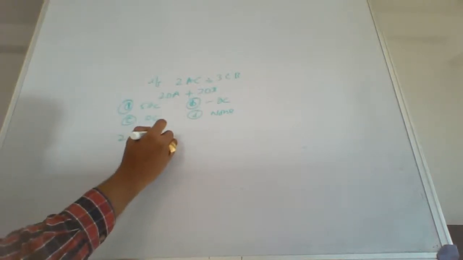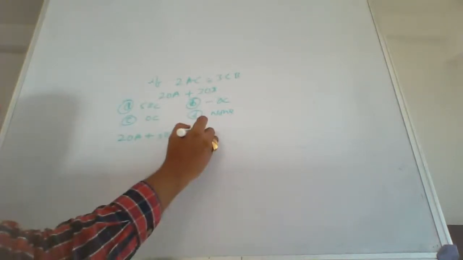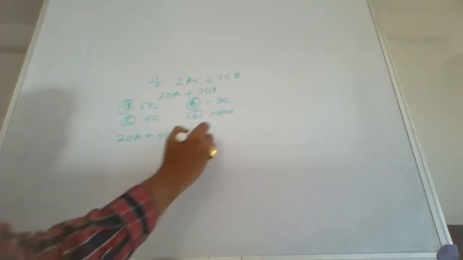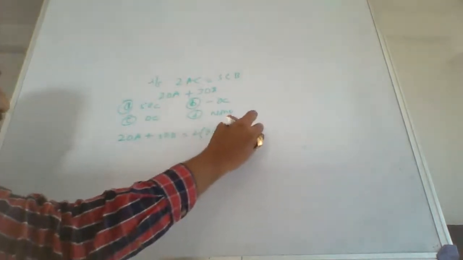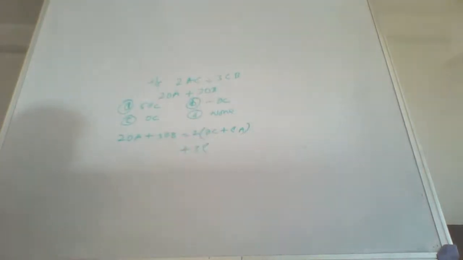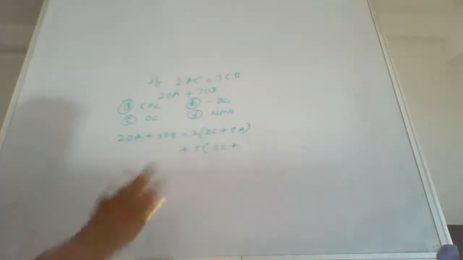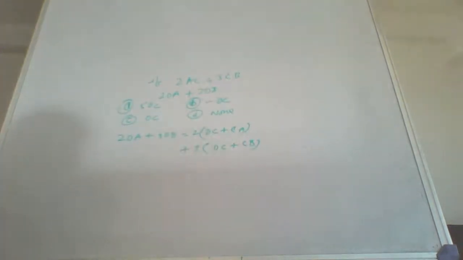So if you consider 2OA plus 3OB, this is 2 times OC plus CA, plus 3 times OC plus CB.